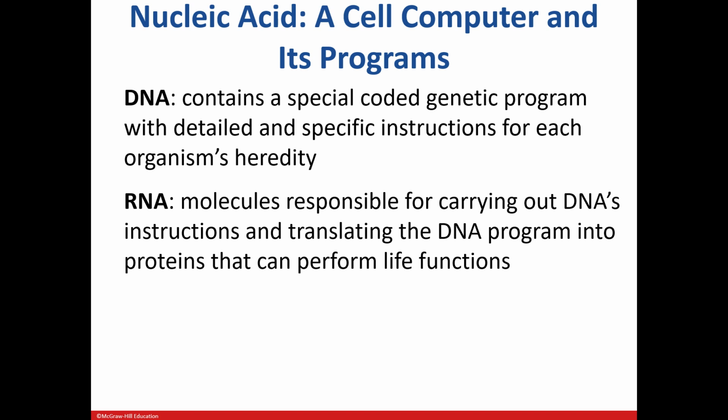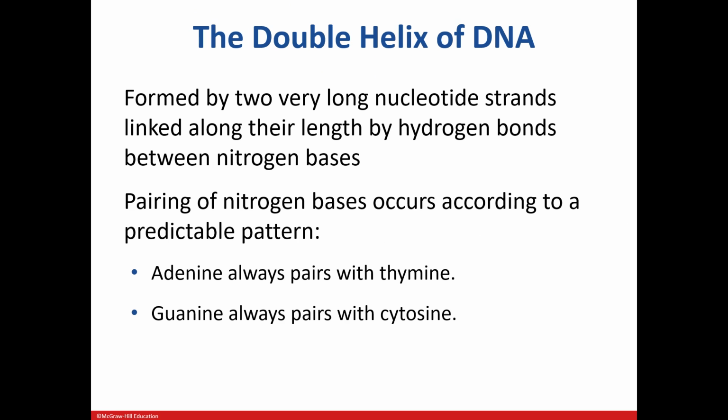Our next macromolecule is our nucleic acids. DNA, which contains the set of instructions to produce proteins, and RNA, which assists in this process. The structure of DNA is a double helix, with the nucleotides being held together by hydrogen bonds. The nitrogenous bases have a set way of pairing.